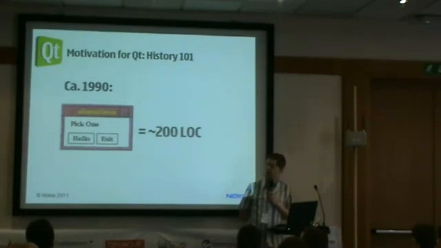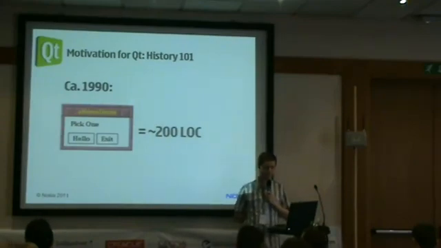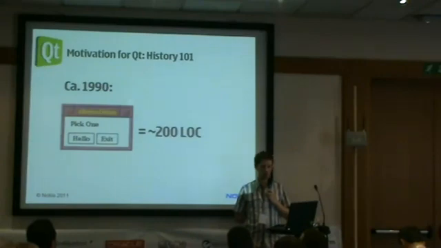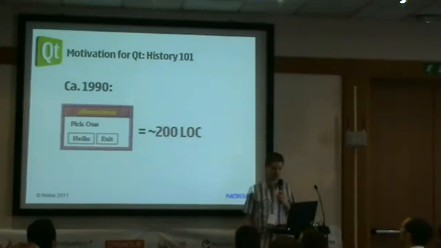This screenshot is of the Athena widget set, made at MIT, and it was really ugly. The applications looked horrible, and they just required a lot of code. A simple Hello World application required more than 200 lines of code, and still looked like that.